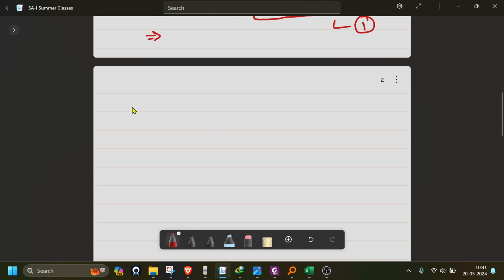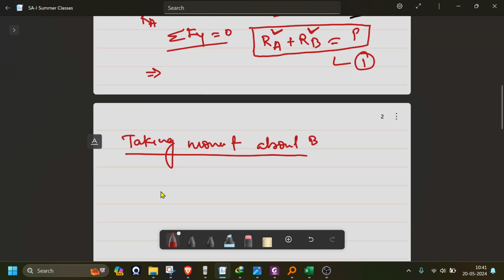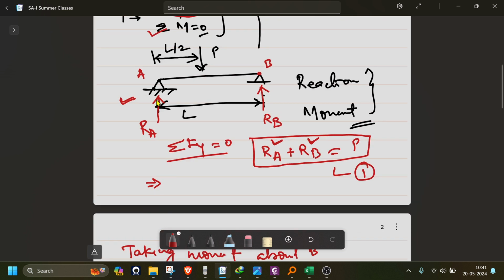So if I take moment about B equals to 0, what will I have? Neha, can you tell what equation I can have if I take moment about B?